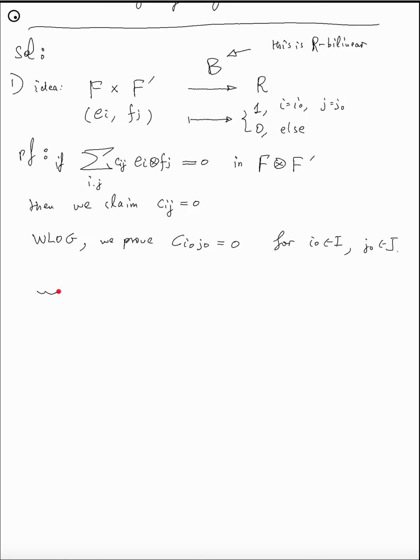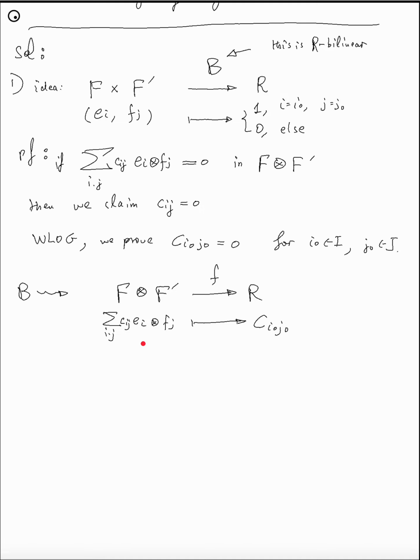And then this B implies there exists a map from F tensor F prime to R, sending the sum of c_ij e_i tensor f_j to only this c_i0 j0, because all the other terms are killed. Call this f.